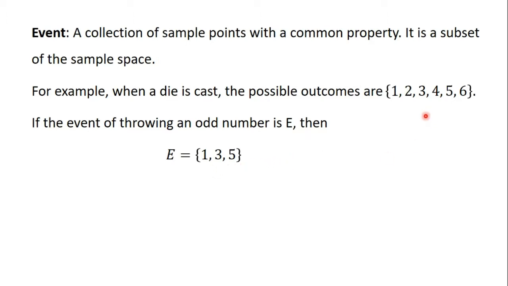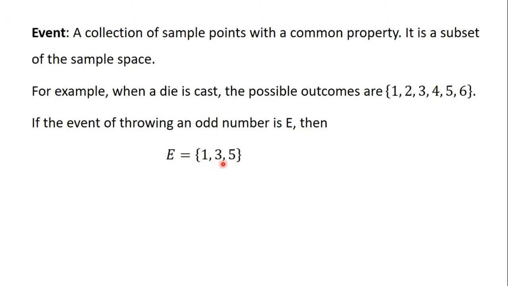So here the common property we are using is odd number. So we are selecting odd numbers in this sample space and they are 1, 3, 5. So if this is the set of possible outcomes, then the event of throwing an odd number, which is E, is the collection of odd numbers in the sample space, and we have E as 1, 3, 5.